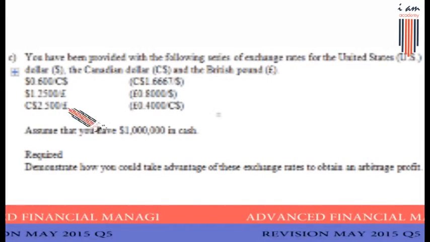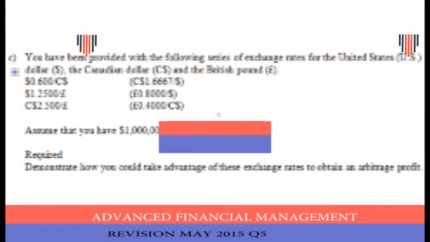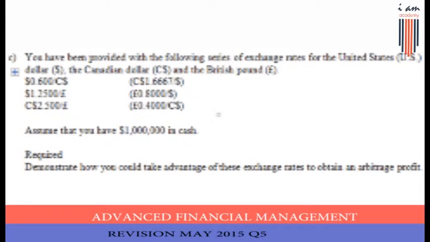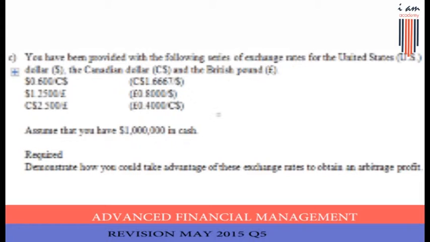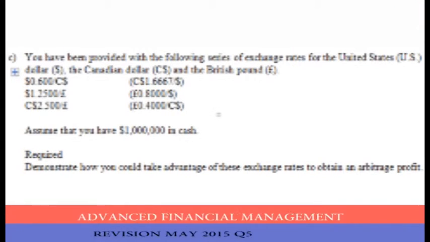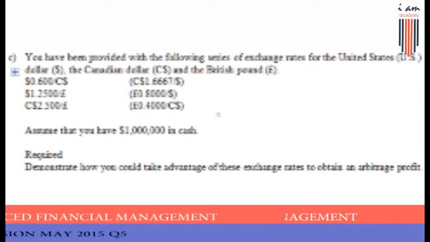You have been provided with the following series of exchange rates for the US dollar, the Canadian dollar, and the British pound. We have been told the exchange rates, as you can see from the script there: $0.60 for 1 Canadian dollar, which can also be written as 1.667 Canadian dollars equal to 1 US dollar.